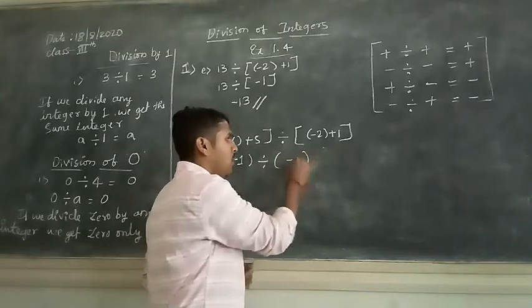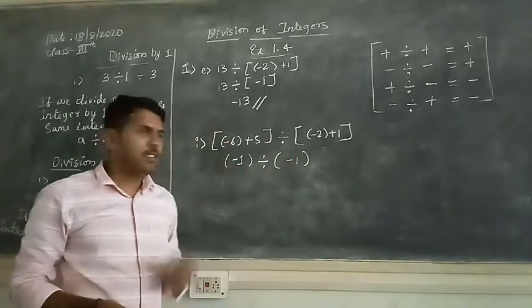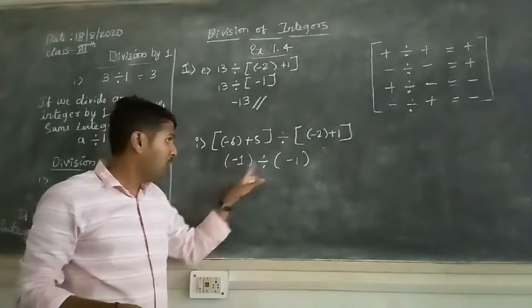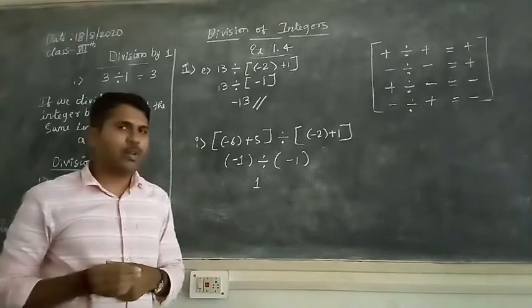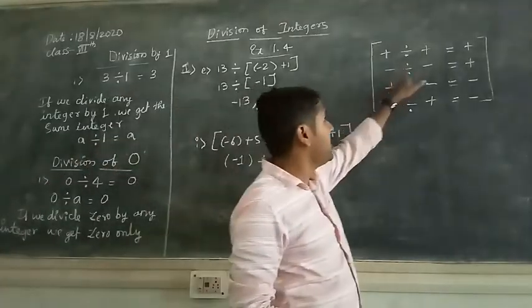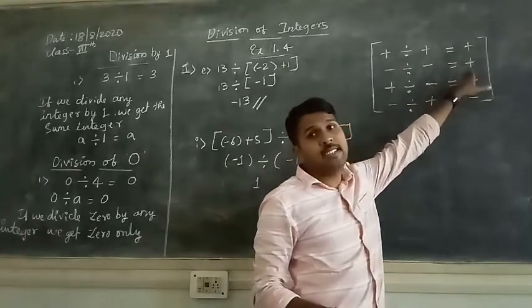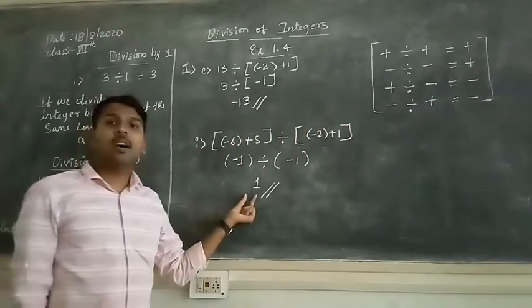So minus 1. So minus 1 divided by minus 1. First give the sign: 1 divided by 1 is 1 only, and minus divided by minus, the resulting sign is plus. So the final answer is plus 1.